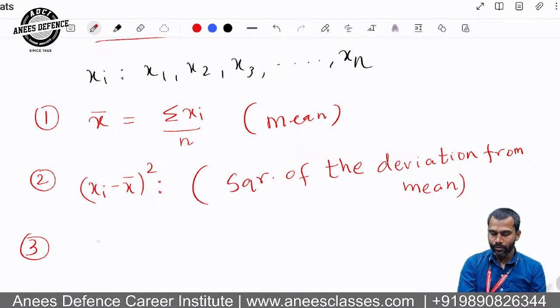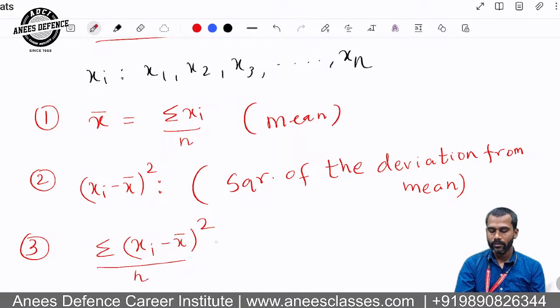So now we have to find the mean of the square of deviation, divided by n. Yes or no? Yes, sir.